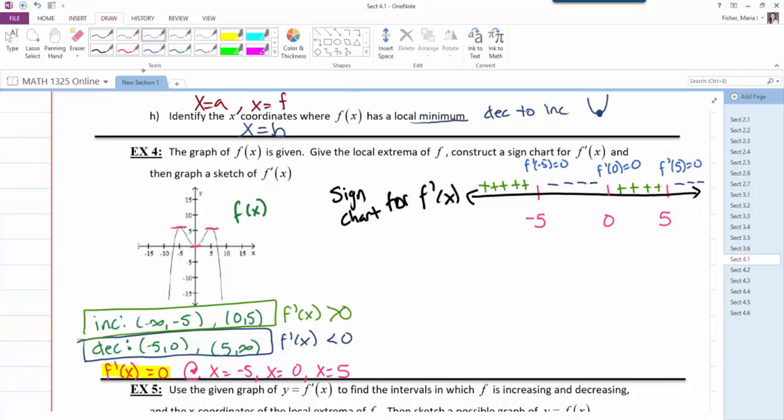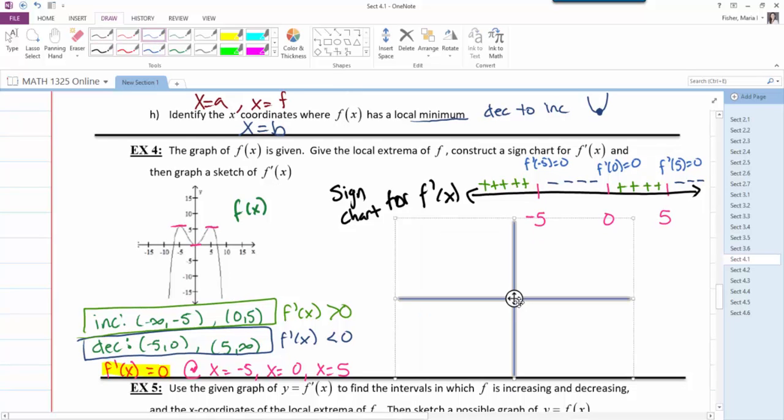Then it's saying, okay, use this information to sketch the graph of our first derivative. So let's go ahead and sketch f prime of x. Now what we know, again, is that f prime of x is equal to 0 at negative 5, at 0, and at 5. So those are considered x-intercepts. So these are my x-intercepts. So I will cross the x-axis at negative 5, at 0, and at positive 5.